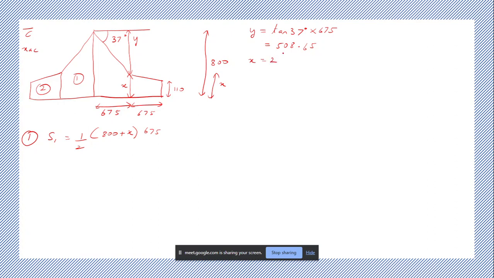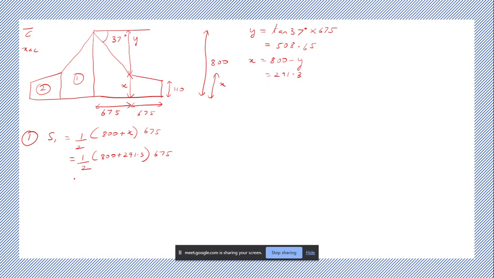So it is just, let me write that. It's 800 minus y, it is 291.3. Okay, now we can substitute that x here to get the area of the first section, which is half into 800 plus 291.3 into 675.